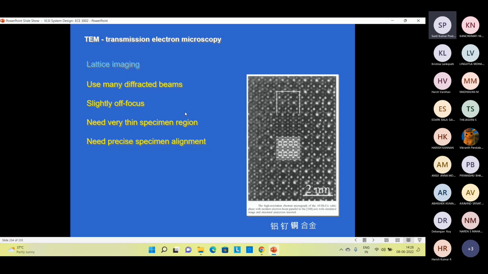Because you can see here the atoms, and this is one example of high resolution electron microscopy of this cubic phase with the incident electron beam parallel to the 100 plane, which can be seen here. Okay. So we can see the orientation of the atoms, and how the planes are oriented in which way. So we can see this also in the TEM.